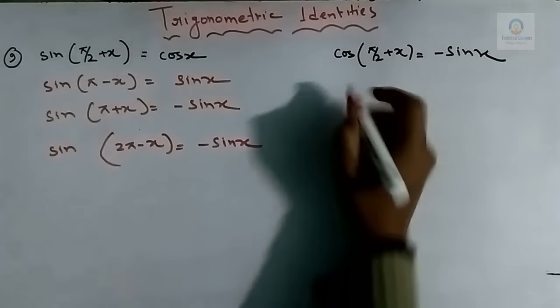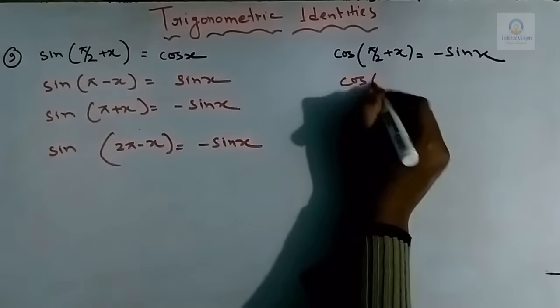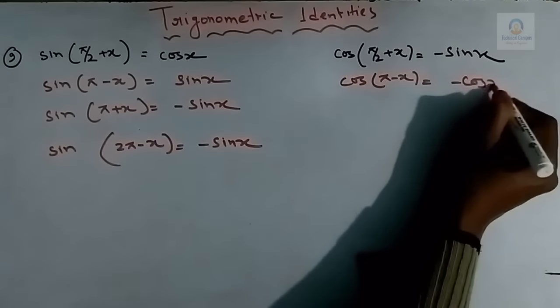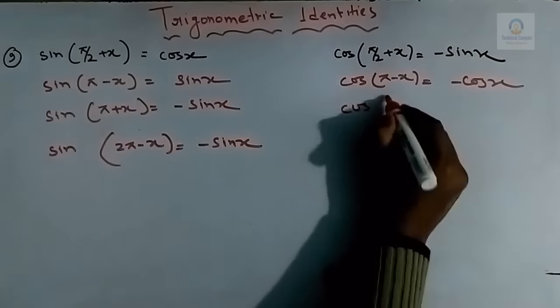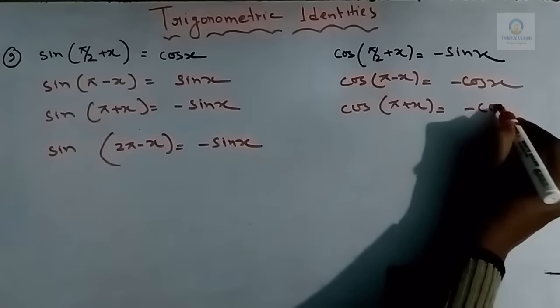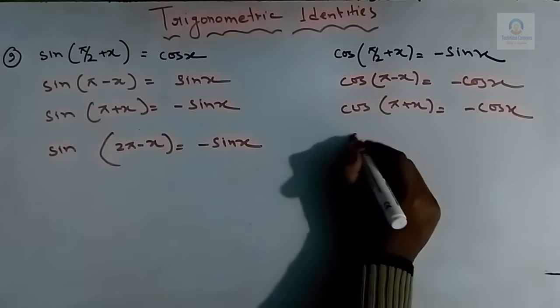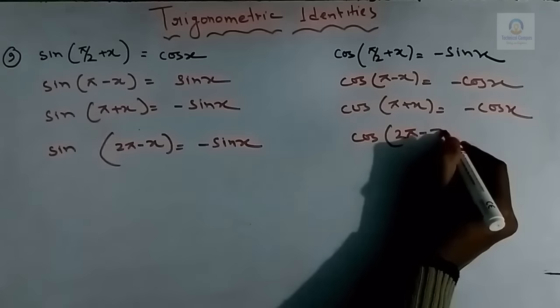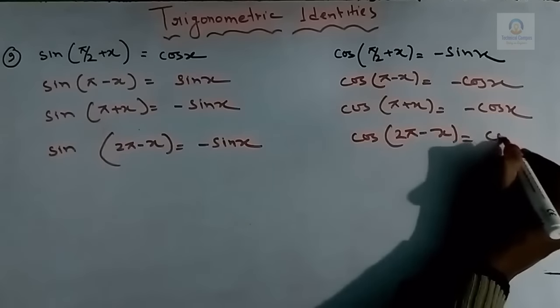Okay, similarly, cos of 180 degree minus x is equal to minus cos x. Cos of 180 degree plus x is equal to minus cos x, and cos of 2 pi minus x is equal to cos x.